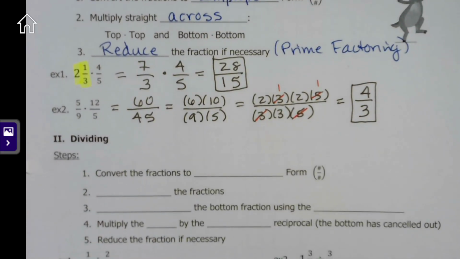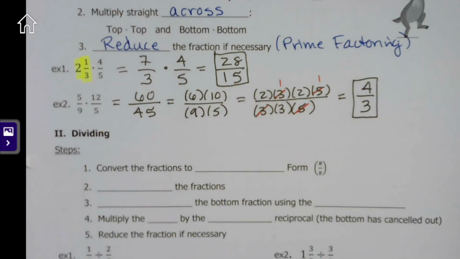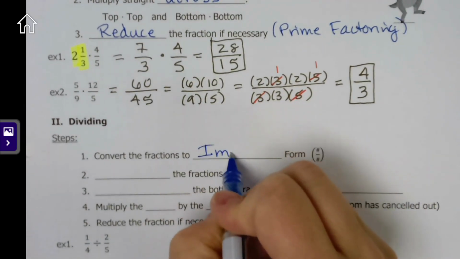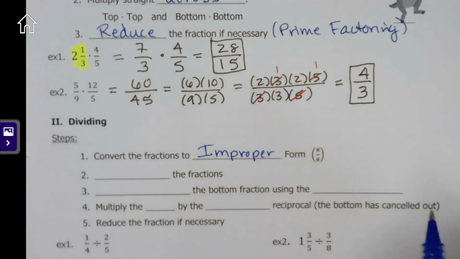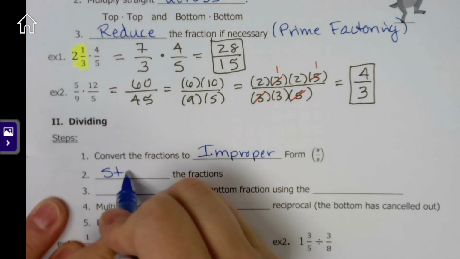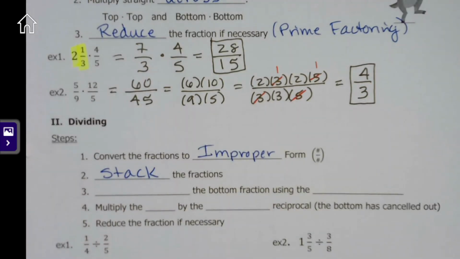All right, let's go on then to dividing. First step, convert the fractions to improper form, which is a number over a number. Number 2, stack the fractions.